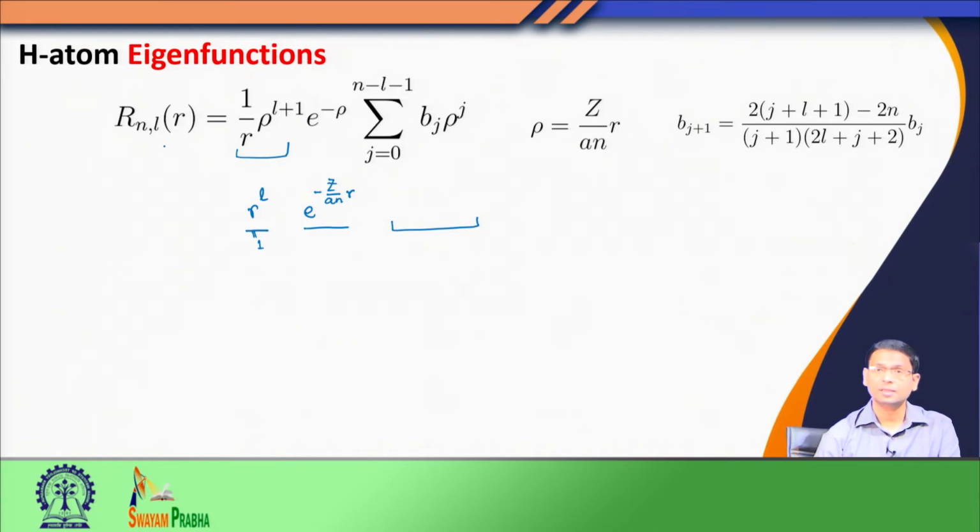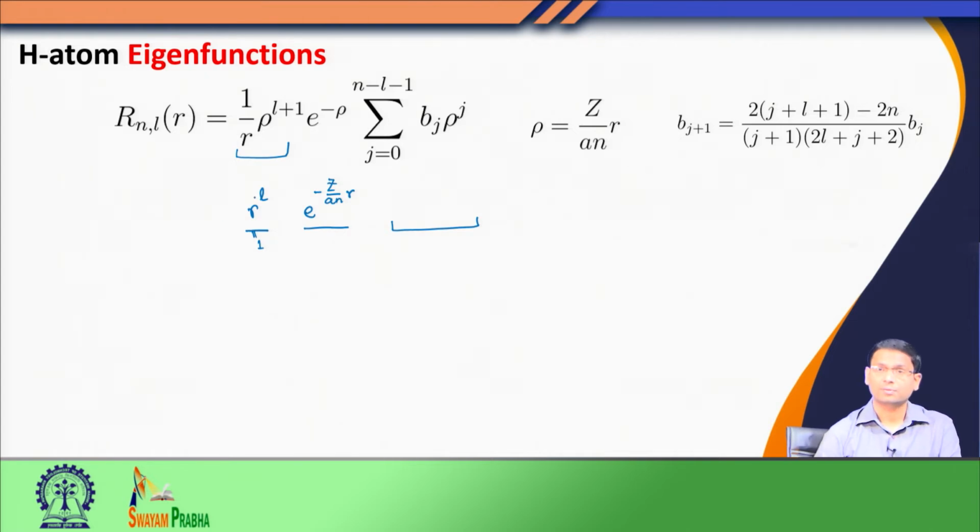That happens when L equals 0, that means all s type of orbitals. So, we have seen that for s type of orbital 1s, 2s, 3s and so on, the radial part of the wave function does not vanish at r equals 0.